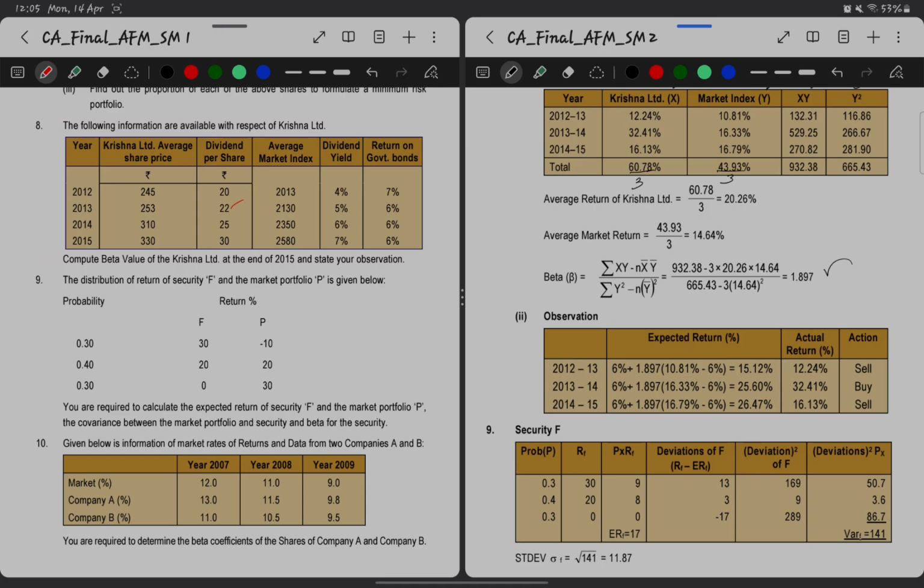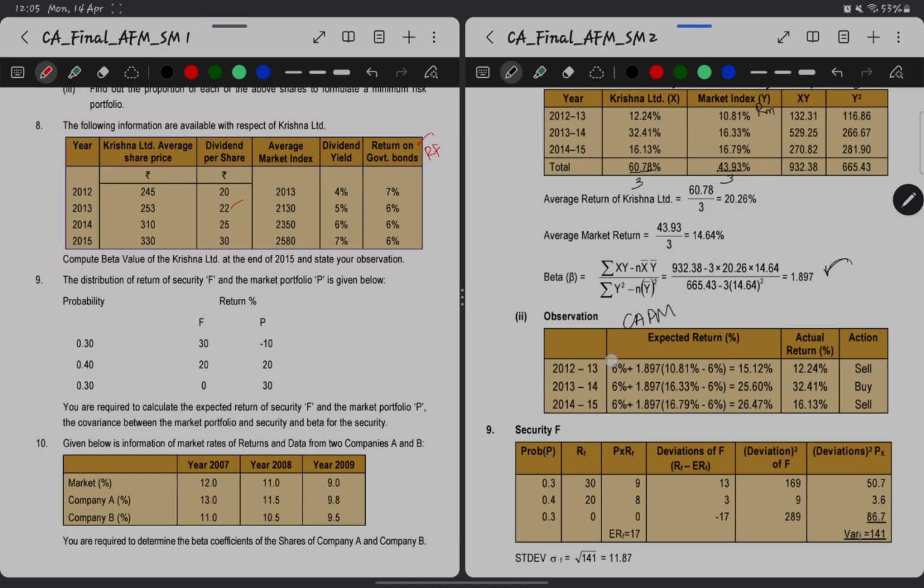To find the theoretical return, we can use the CAPM approach. We have the return on government bonds, which is nothing but the risk-free return in our case, and then we have the market index, which will be the return on market, and we found the beta as 1.897.